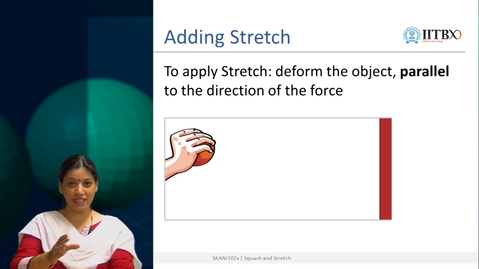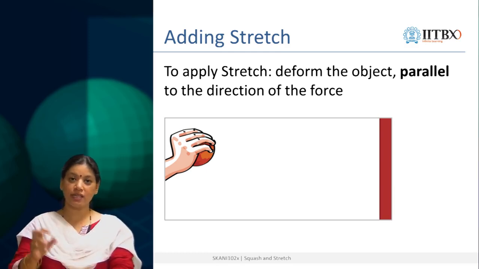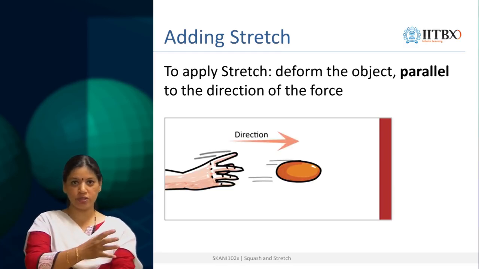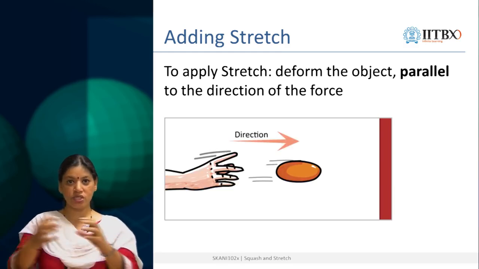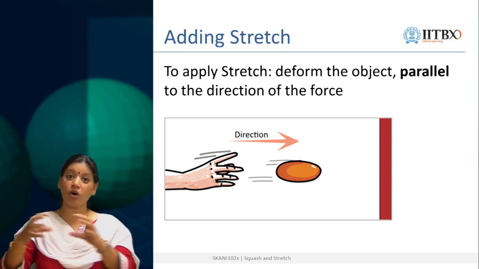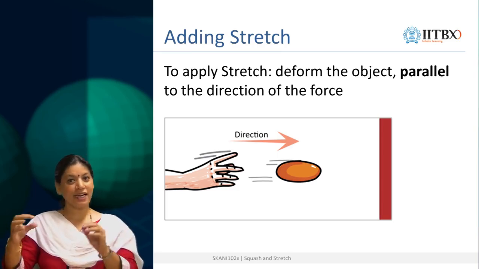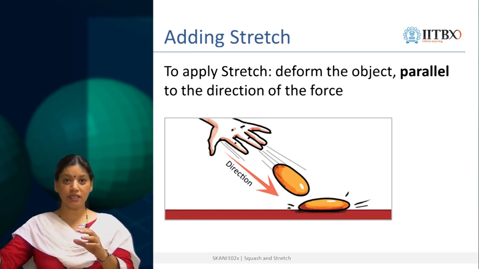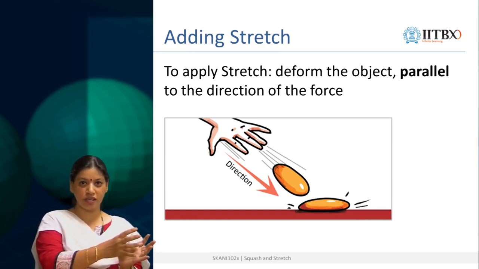Let us see how to add this stretch and squash. As you can see in the illustration, when I throw a ball horizontally, the force is horizontal. So the stretch will also be horizontal. That means deformation of the object is parallel to the direction of the force.